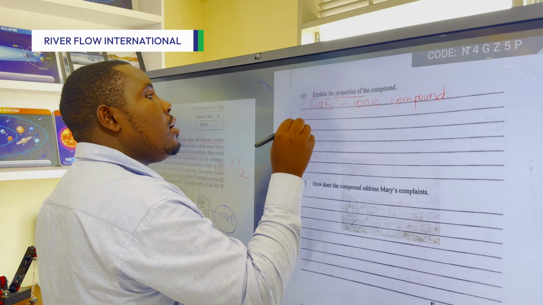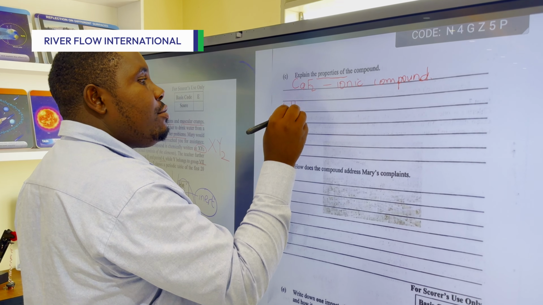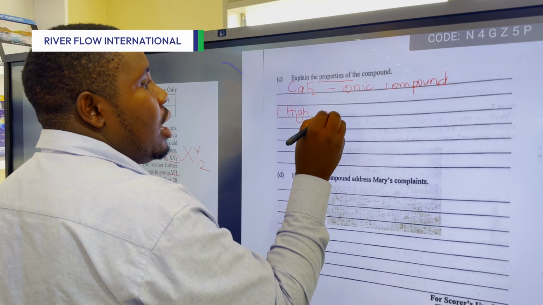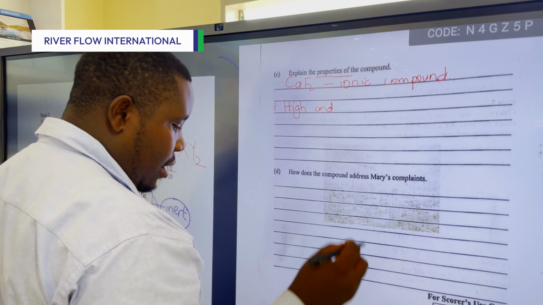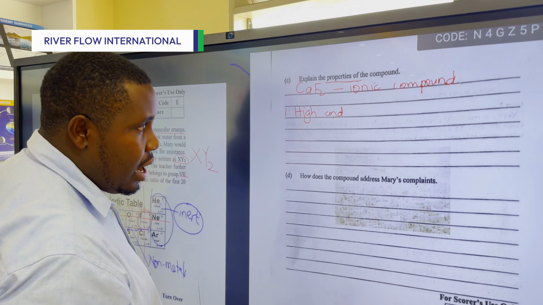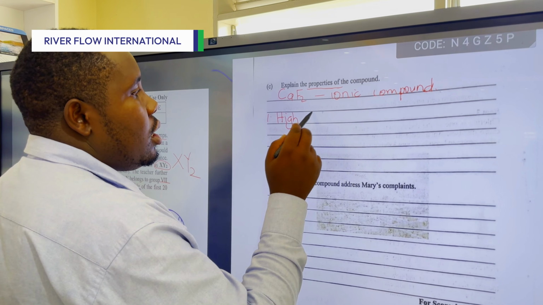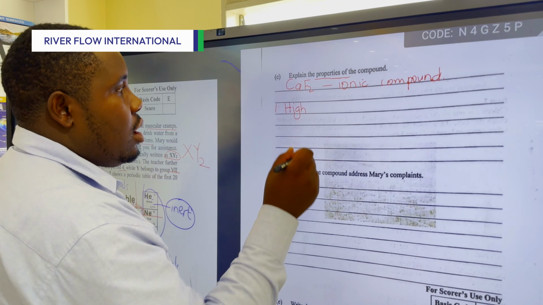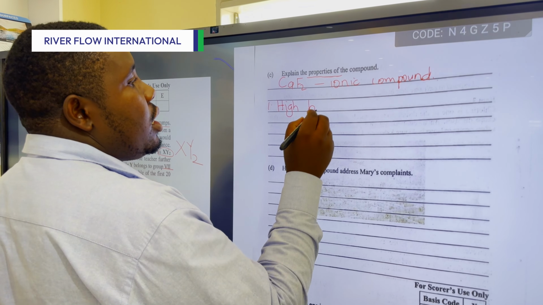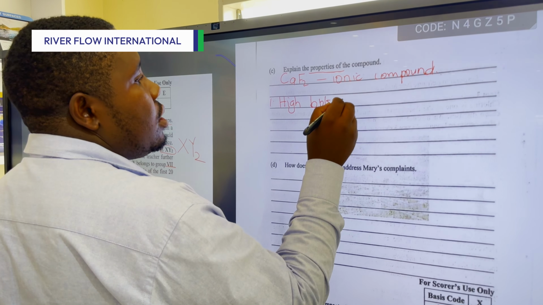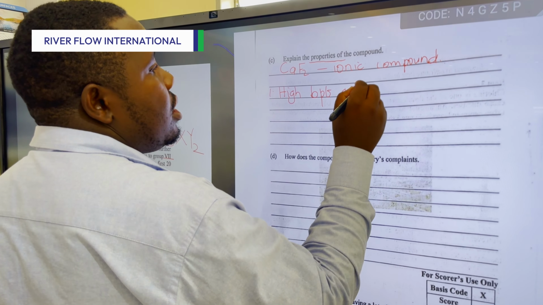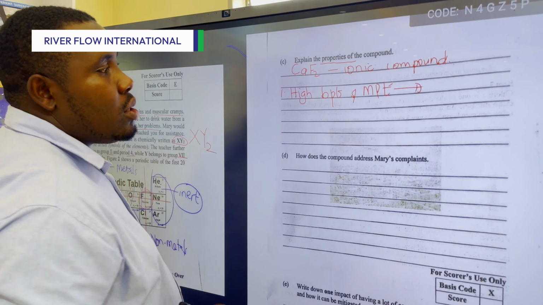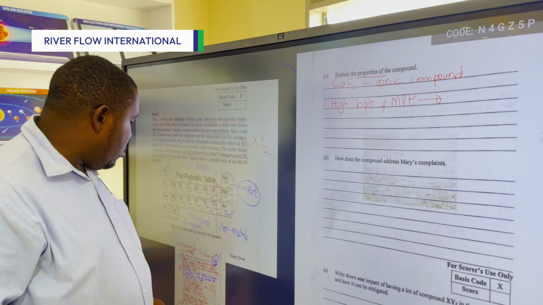Number 1, ionic compounds have high boiling points, but also high melting points. Why? Because there is a strong bond.